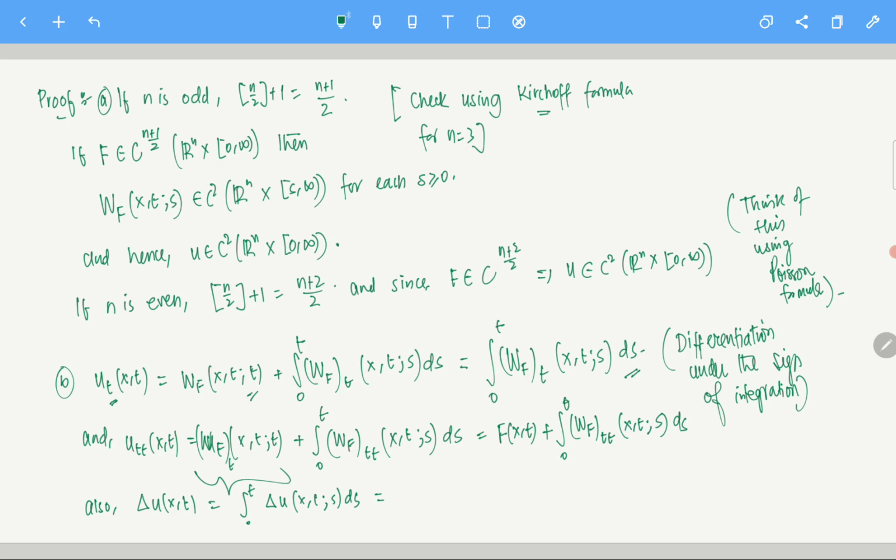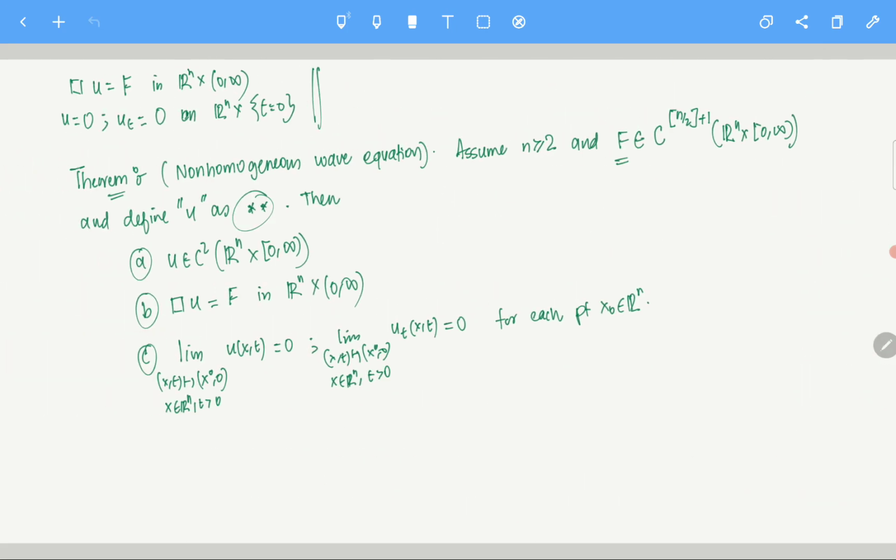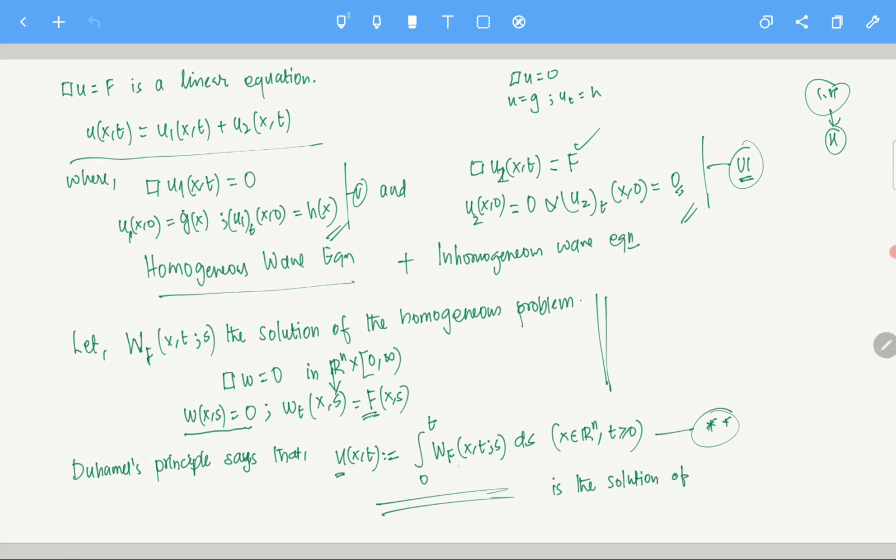I did some mistake somewhere. So this is W, sorry, U is where is it? Oh, one second. See, U is this, right? So if you take Laplacian of U, it becomes Laplacian of w_f, right? Laplacian of w_f is basically, this is what? Sorry.